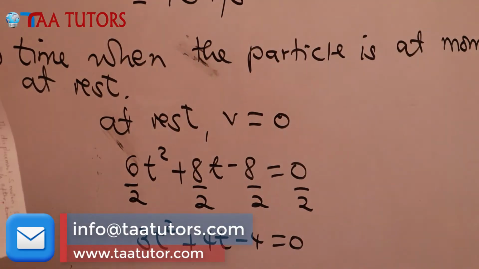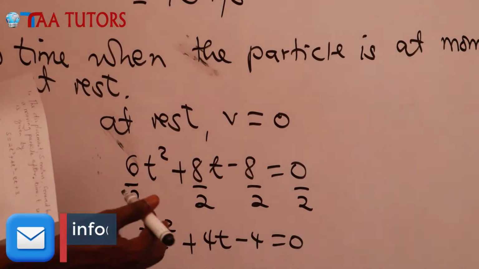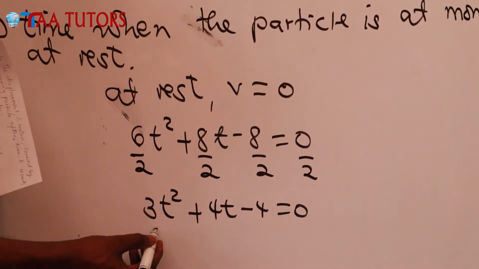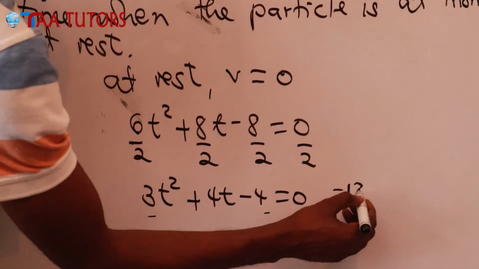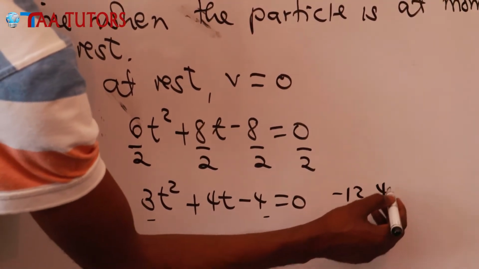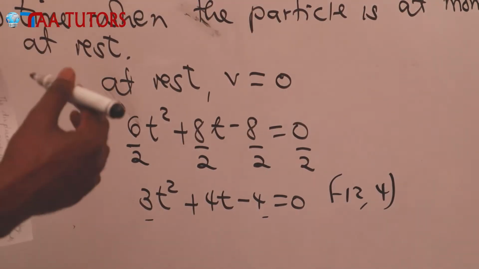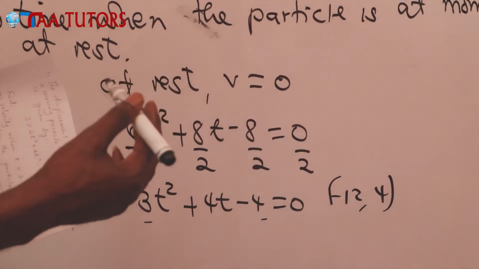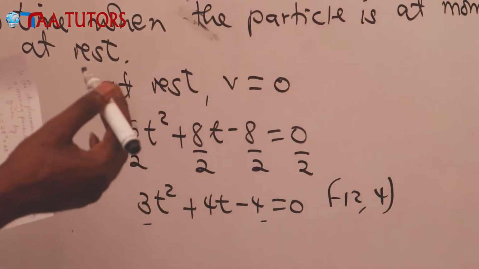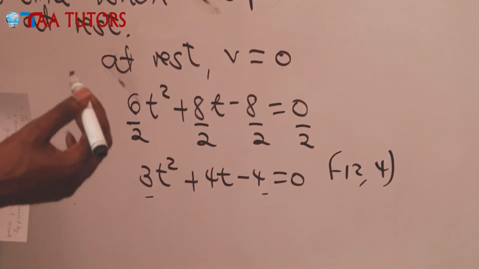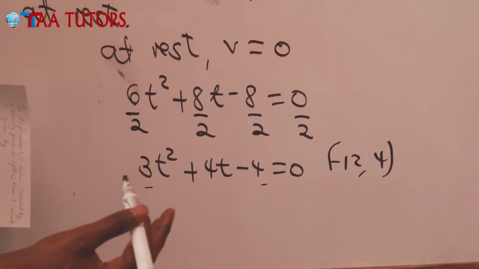So if I want to solve this by using factorization, I will say the product is minus 12 and the sum is 4. Two numbers that if I multiply I get negative 12, if I add I get 4. That should be 6 and negative 2.